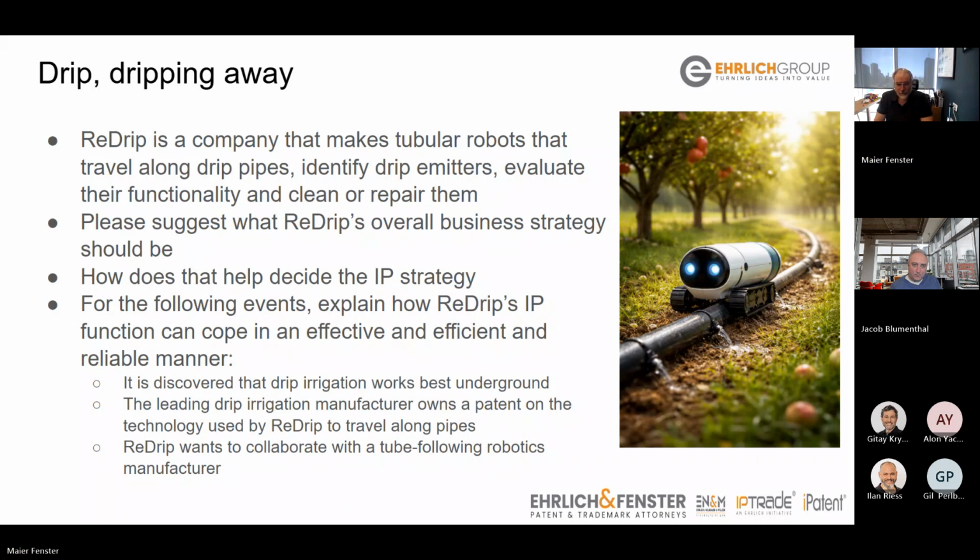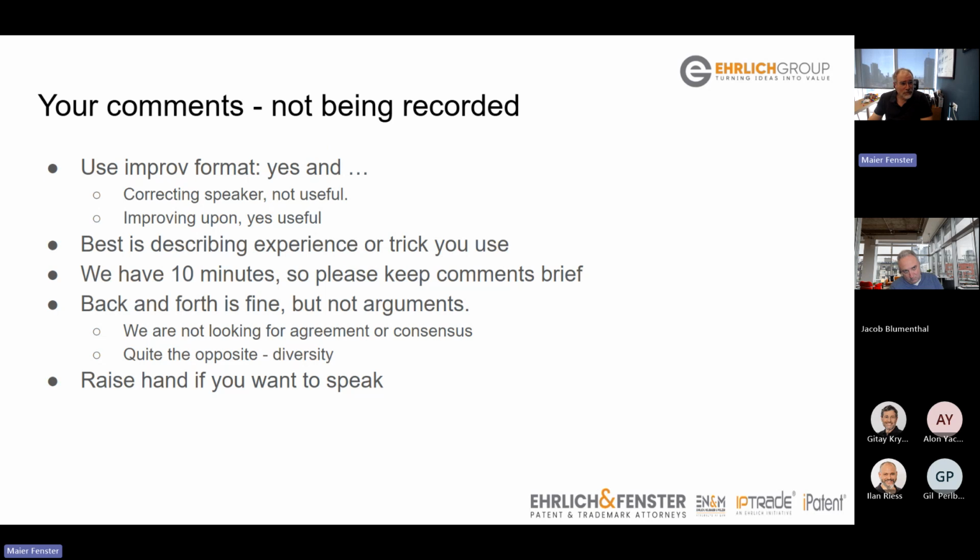What if we find out that a leading drip irrigation manufacturer, maybe that one from before that is sniffing around, they own a patent on the technologies that we're actually using to travel along the pipes. What if we decided that we don't really know how to travel along the pipe, so we want to collaborate with the companies that do? Okay, that's what's for home.